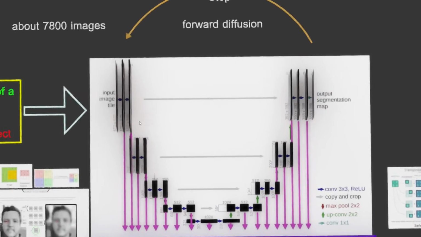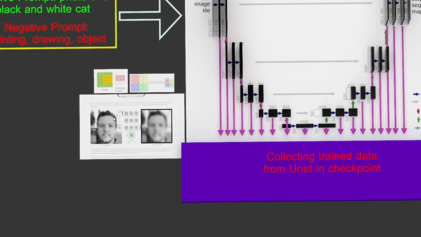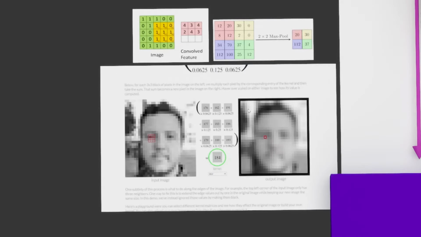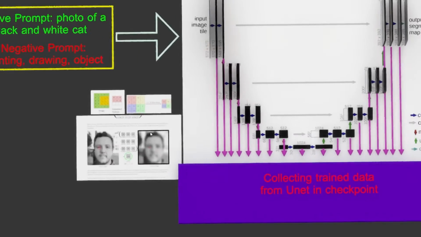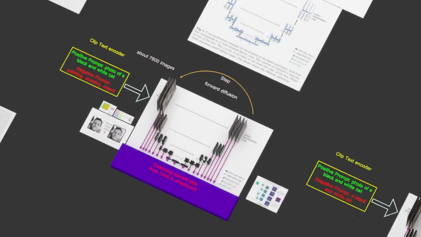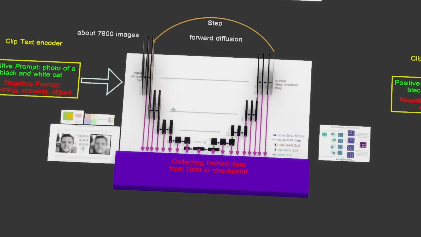And during this processing, in each step we are processing more than 7,800 images, and for all images each 3x3 pixel block will be processed with convolution, and all of this information will be stored in the checkpoint. So this is the reason that training a diffusion model could be very expensive.